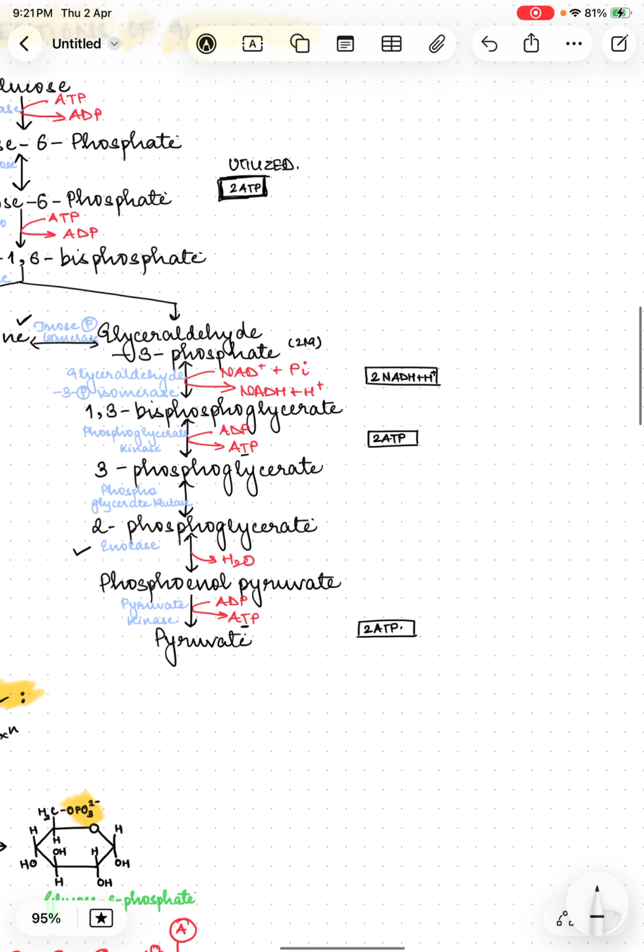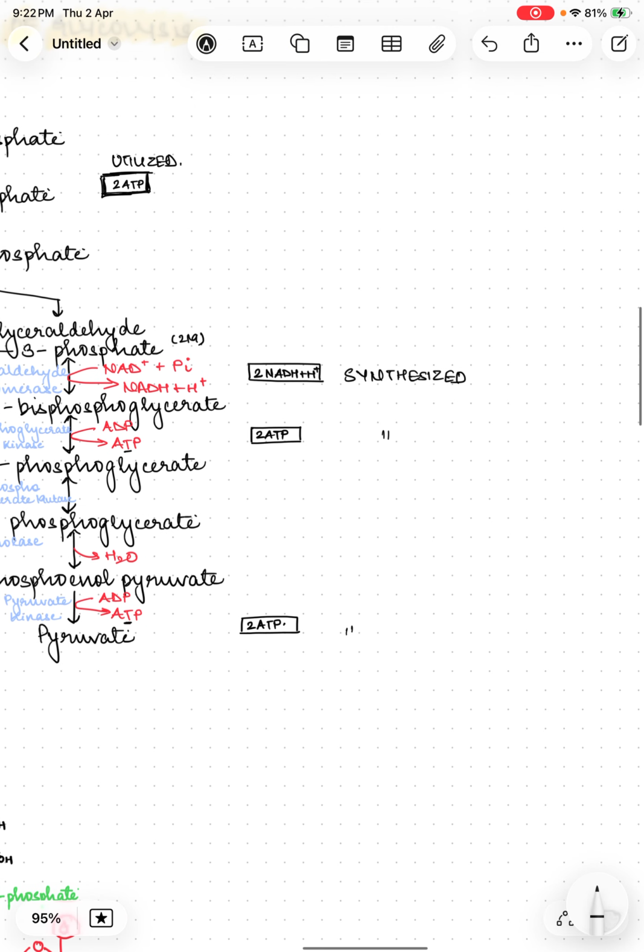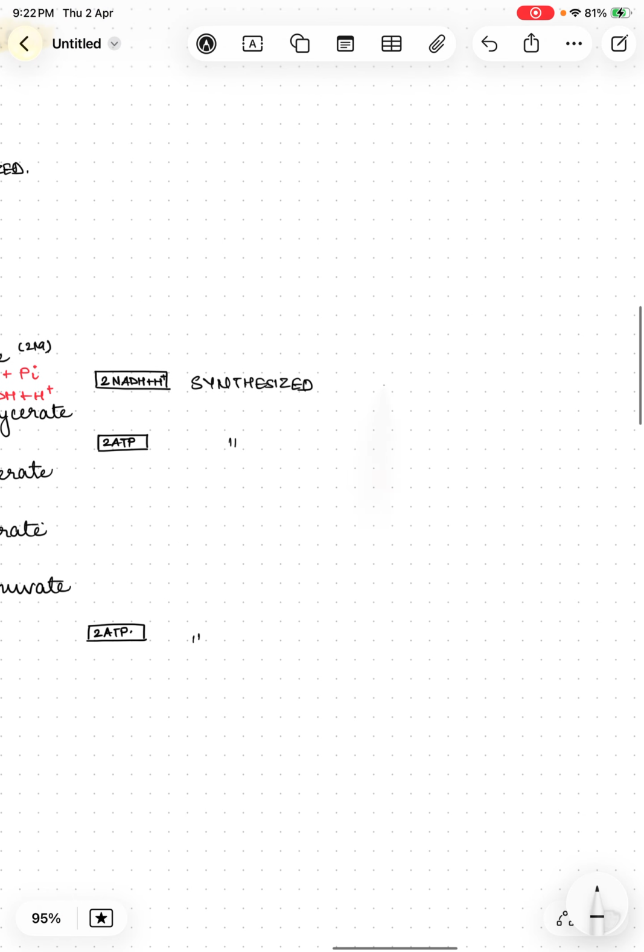So net gain is a total of 2 molecules of NADH, or you can say the total molecules synthesized are 4 ATP and 2 NADH plus H plus.